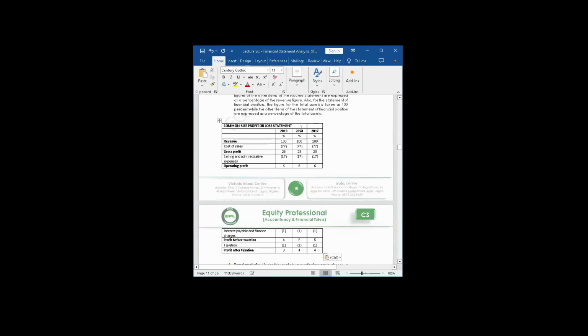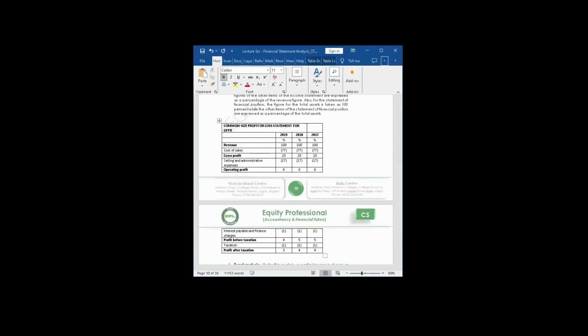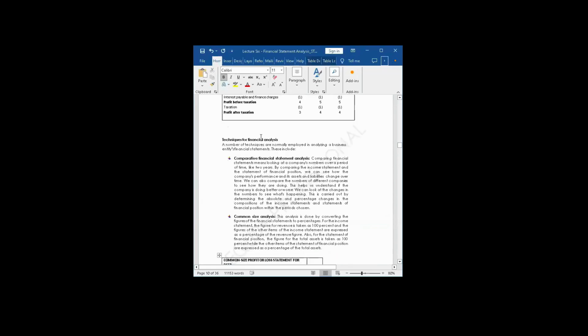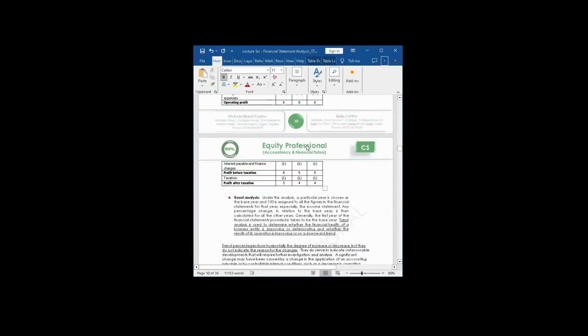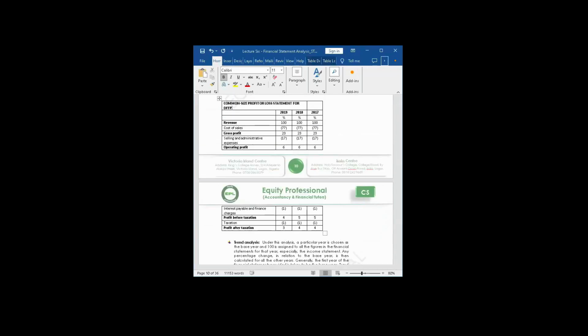Okay, common size profit or loss statement for DFFP. So this is the common size statement. You can see it's still the same thing. You see the same thing for what we did for that vertical analysis. This is the common size statement, and what you will see is what we were able to do the other time.